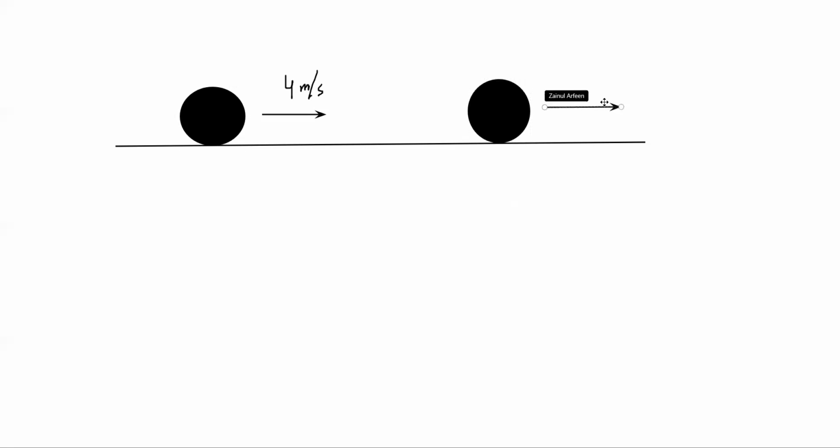So for example, an object was moving with 4 meter per second. Then it changes its speed to 10 meter per second, and the time interval was, for example, 2 seconds.